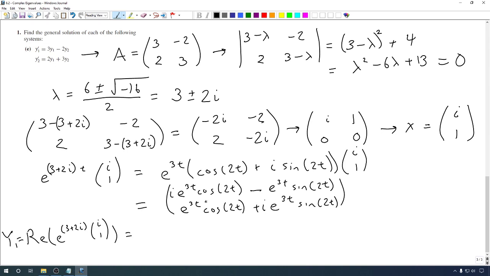So this first i times e to the 3t cosine 2t is going to go away. We're just going to be left with this part. We end up with the negative e to the 3t sine of 2t. And then here, only the cosine part stays: e to the 3t cosine of 2t. And you might say, well, maybe we should pull out the e to the 3t now. I'm just going to leave it as it is. Then we'll also take y2. This is going to be the imaginary part.